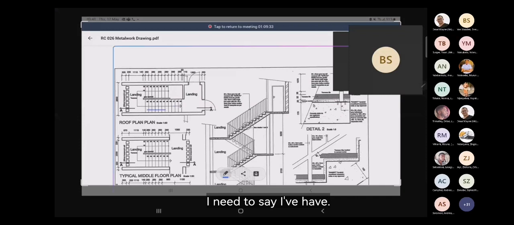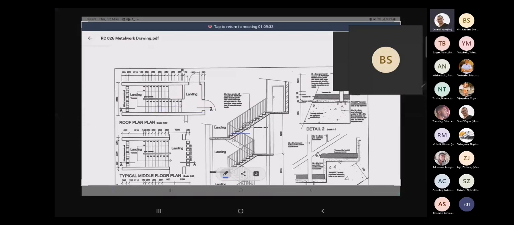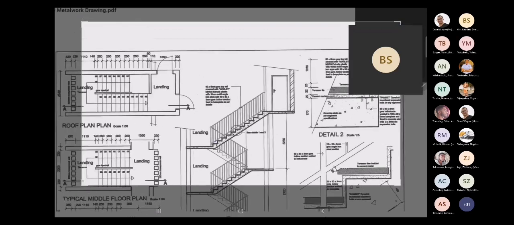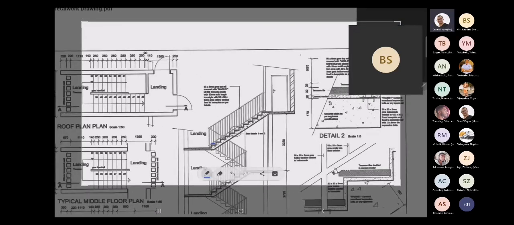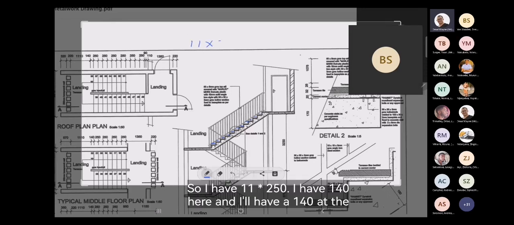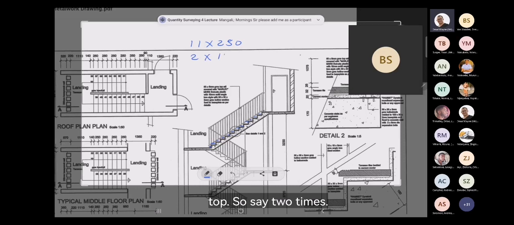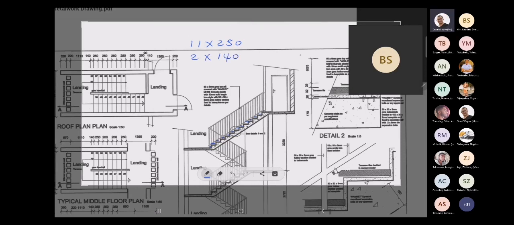And I need to say, I have, in counting these here, 1 larger. Say 1, 2, 3, 4, 5, 6, 7, 8, 9, 10, 11. So I have 11 times 250. I have a 140 here, and I'll have a 140 at the top. So I say 2 times 140.